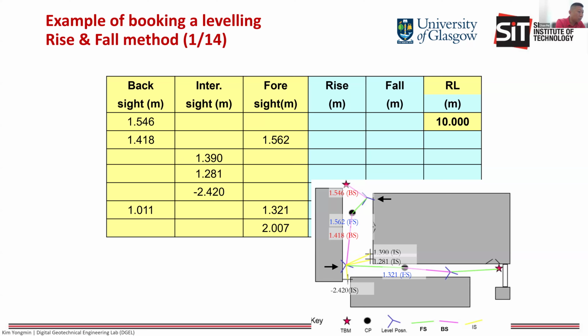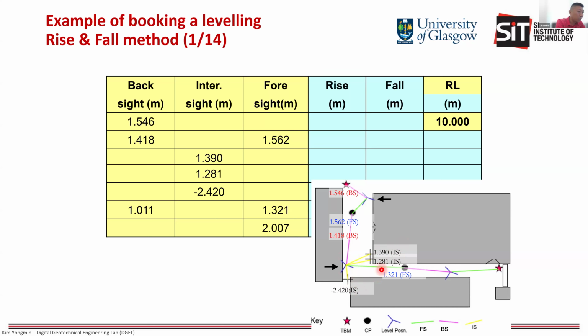These three plus signs are the intermediate sights, points where you also need to take levels.